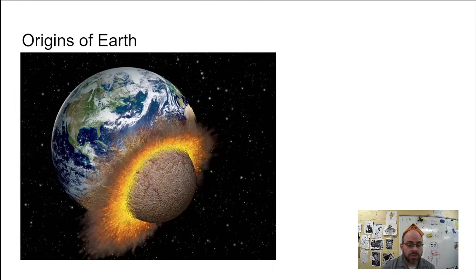And lastly, origins of the earth. Big takeaways here. The big takeaways are that the general or prevailing idea is that organic molecules came from inorganic molecules in the atmosphere. They were able to combine together, and through a series of processes could have made the first cells, right? And those cells, of course, that were made had to be able to replicate themselves.